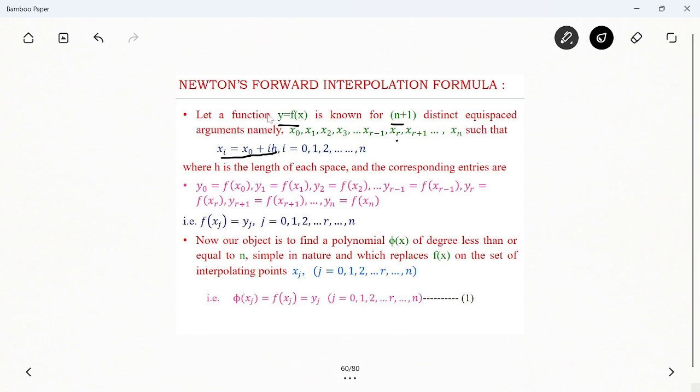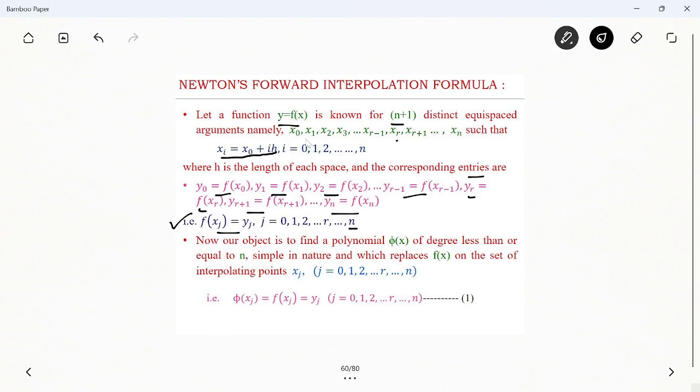When we discussed Newton's divided difference formula, we covered all these things, where h is the length of each space and the corresponding entries are y0 equals f of x0, y1 equals f of x1, y2 equals f of x2, y(r minus 1) equals f of x(r minus 1), yr equals f of xr, y(r plus 1) equals f of x(r plus 1), yn equals f of xn, f(xj) equals yj, j equals 0, 1, 2 up to n.